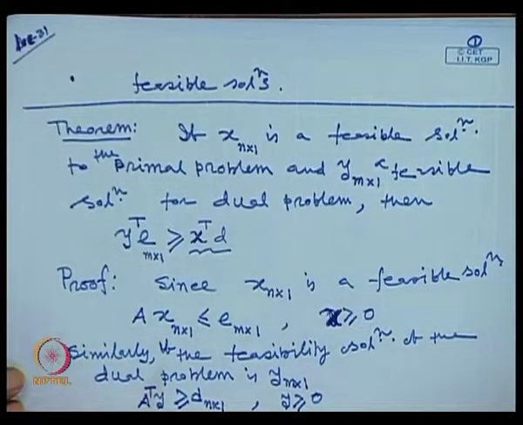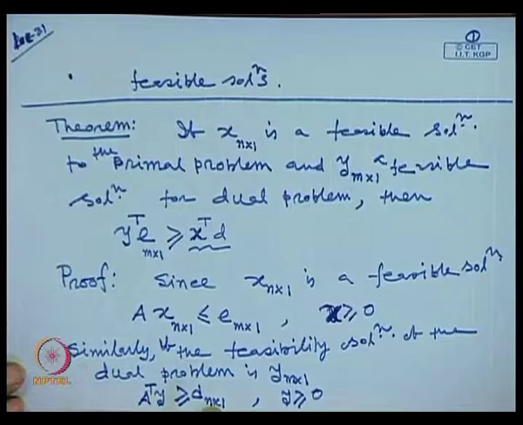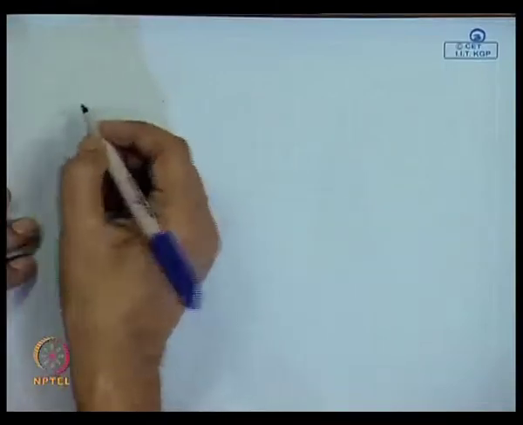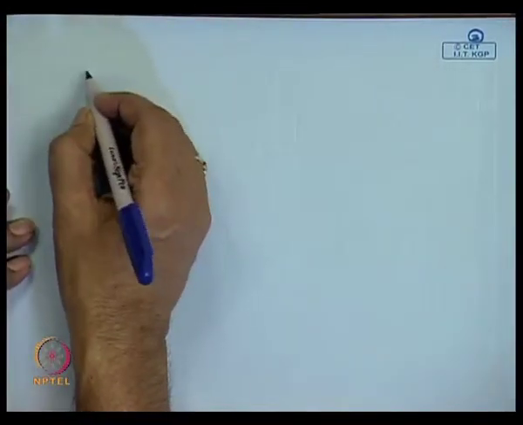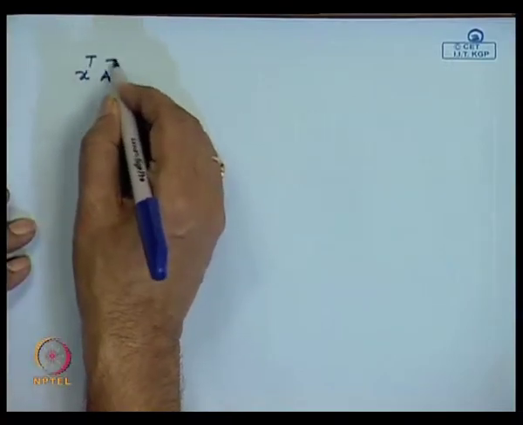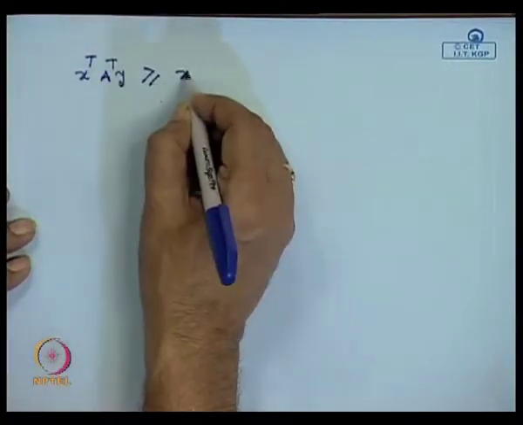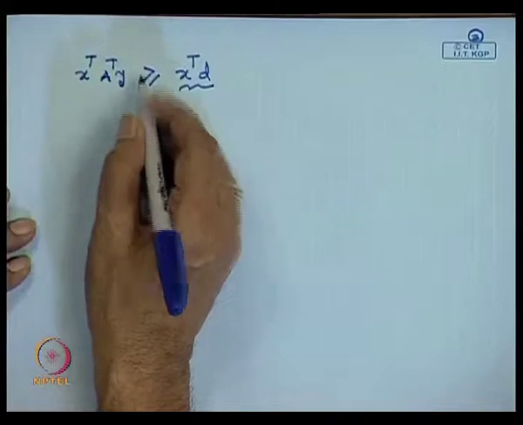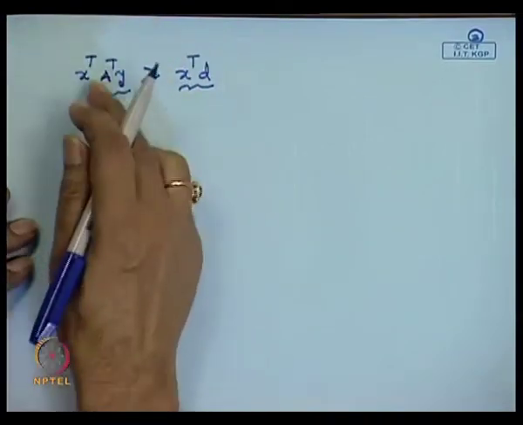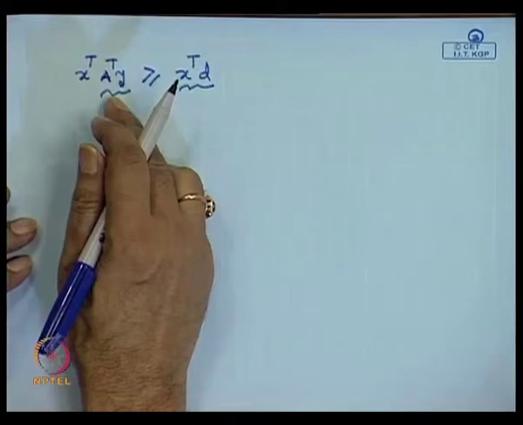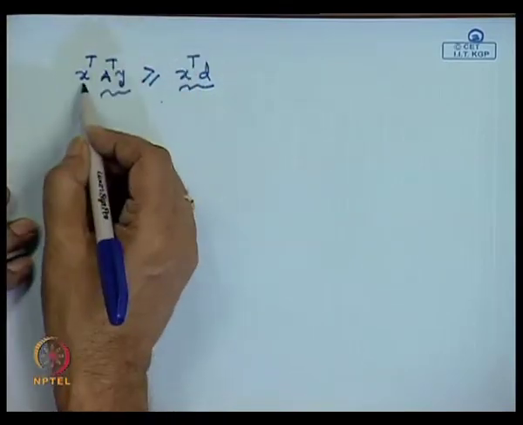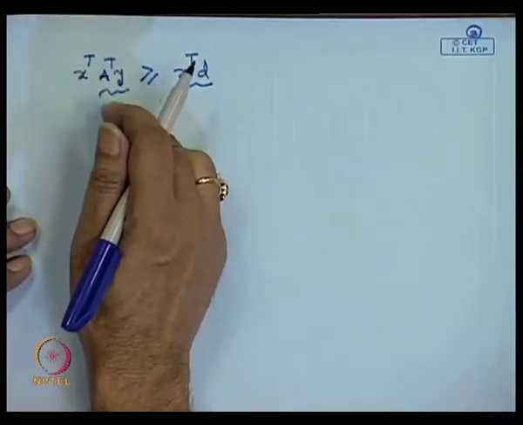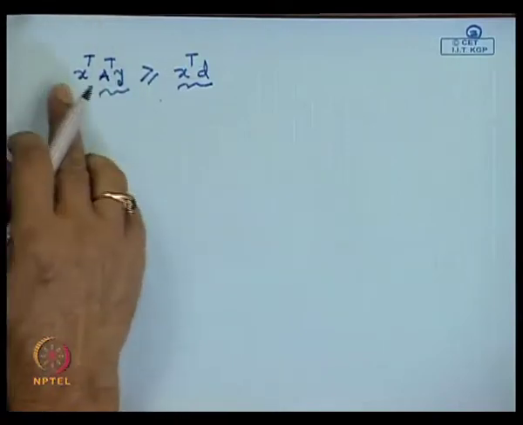Now, from this equation, if I multiply both sides by x transpose, then we can write x transpose A transpose y is greater than or equal to x transpose D. This is a scalar quantity: A transpose y is a column vector of dimension n cross 1, and x transpose has dimension 1 cross n.